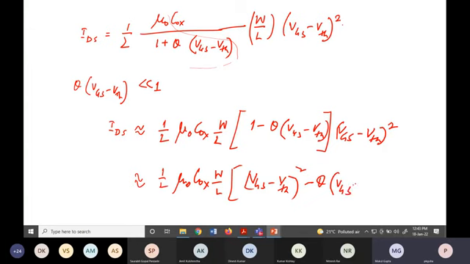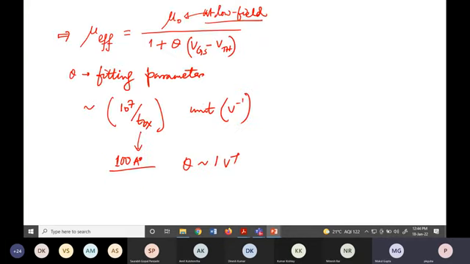So that is one effect you can see in case of mobility degradation. And we talked about how mobility degradation can be improved by strained silicon and all that.